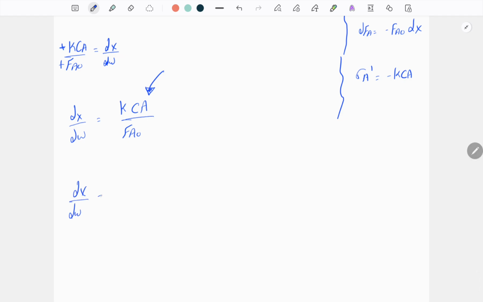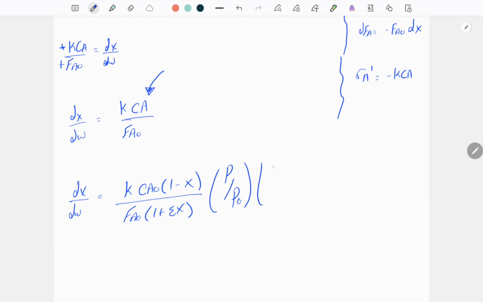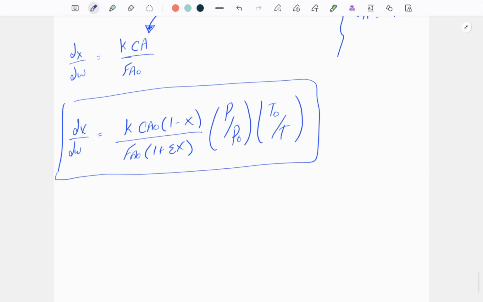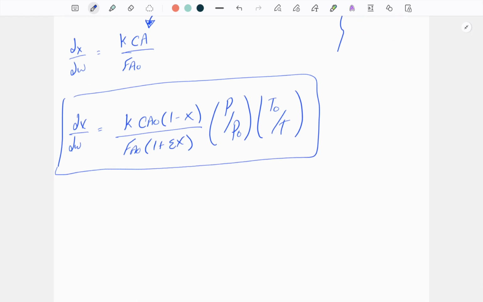Therefore, dx over dW equals k CA naught (1 minus x) over FA naught times (1 plus epsilon x) times P over P naught times T naught over T. And that is your material balance in terms of a final concentration that takes into consideration the gas phase, which takes into consideration the change in pressure, change in temperature, and change in density.